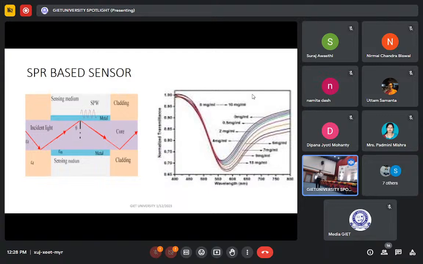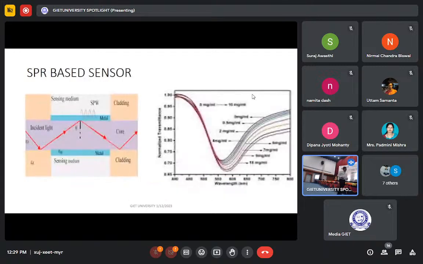It is found that for a small variation in the dielectric constant of this measurement, there will be a change in the resonance wavelength. So you can calibrate the change in resonance wavelength against the concentration, and if it turns out to be a straight line, I can use this for a sensing application. So this is what we do for SPR based sensing.